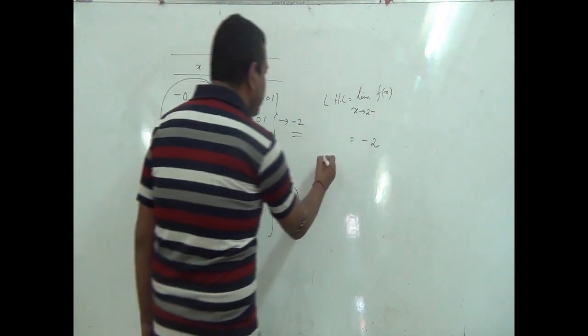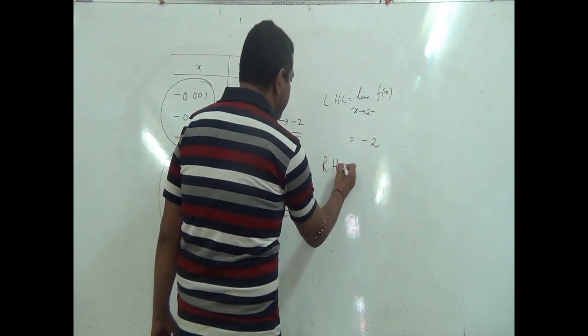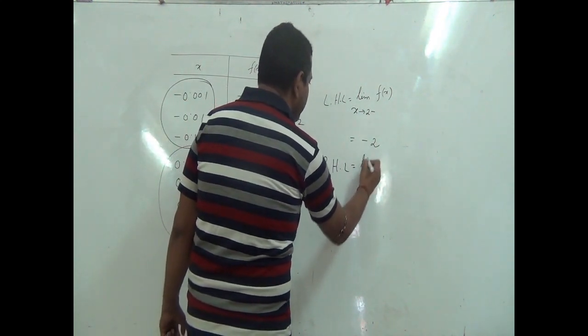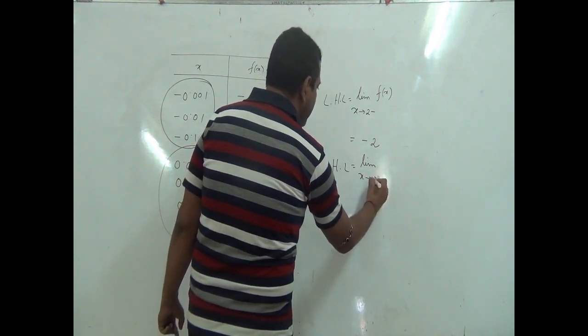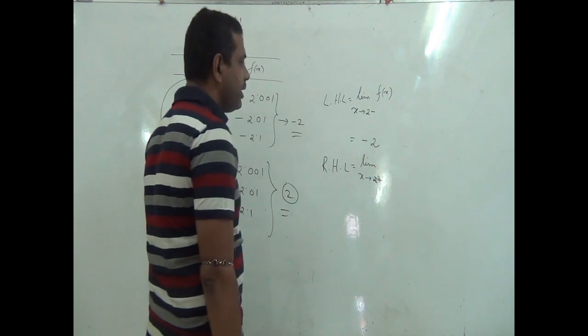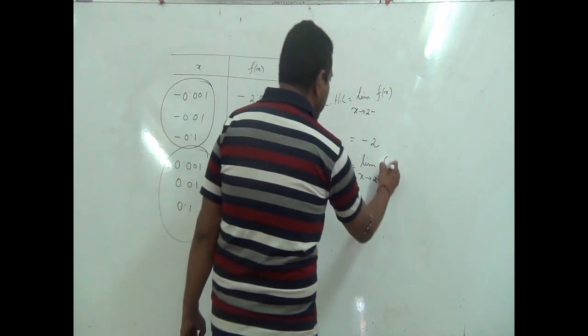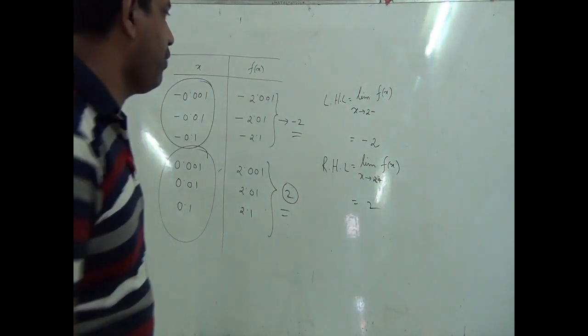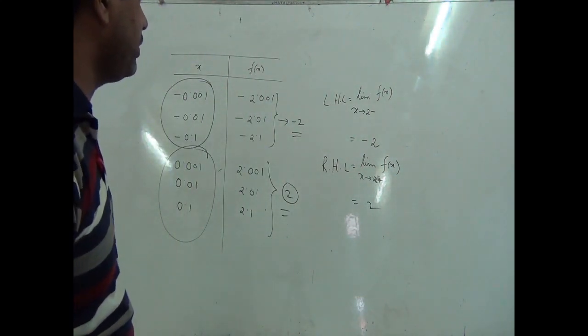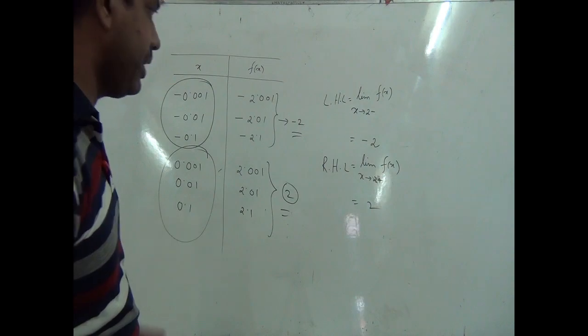And on the right hand side we find the right hand limit, that is when x tends to greater than 0, limit x tends to 0 plus f of x. Then our answer is 2. So from here we find the concept of left hand limit and right hand limit. Now what?